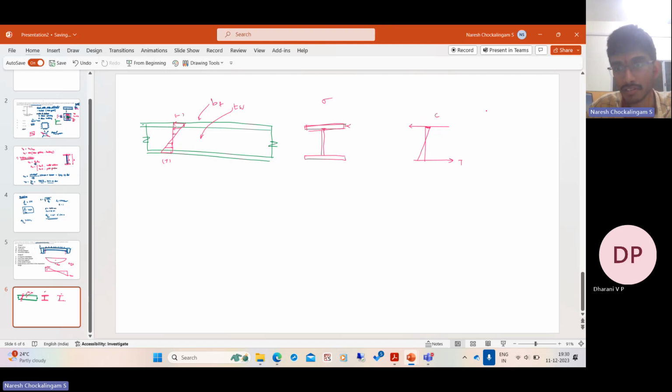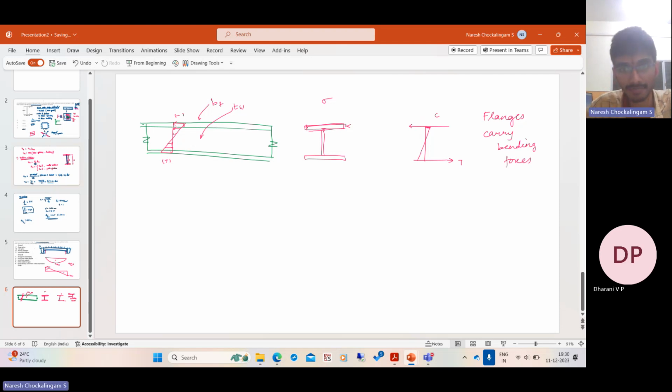Therefore, it is safe to assume that for most purposes of design, it is the reality that flanges are responsible for bending. Flanges carry the bending forces, and the contribution of the web may be neglected.